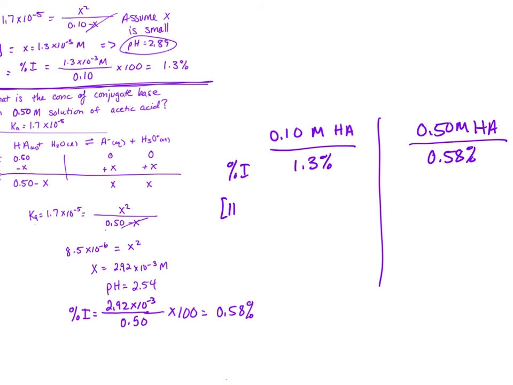The concentration of H plus has gone up in the higher concentration solutions. We go from 1.3 times 10 to the minus 3 molar to 2.92 times 10 to the minus 3 molar. And then the pH is also lower in the higher concentration solution. And these two things are what we would expect.